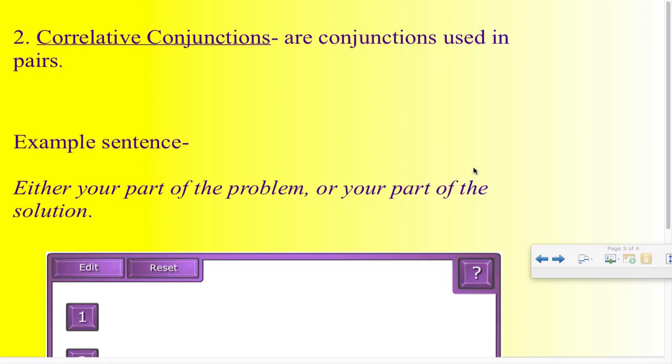Next are conjunctions that are used in pairs. Correlative conjunctions are conjunctions that are used in pairs. You have either or when you use it in a pair. Either you are part of the problem or you're part of the solution.